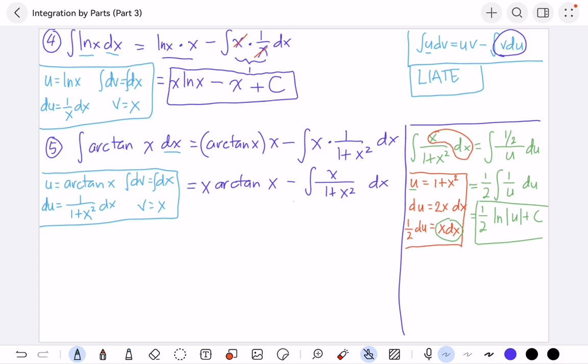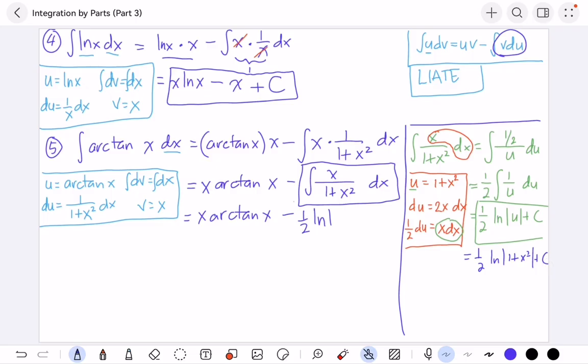Okay, so meaning I can plug that in there in our original problem. So here I have x arctan of x minus the general antiderivative of this part here, which is 1/2 ln of the absolute value of, my u here must be 1 plus x squared, plus c.